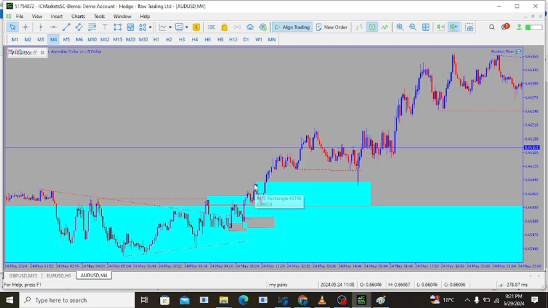I took it from the order flow. I opened my phone. I saw the structure. High, low, high, low, high, low, high. I saw this inducement.